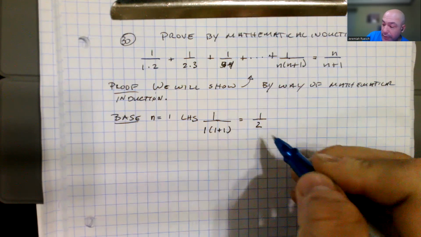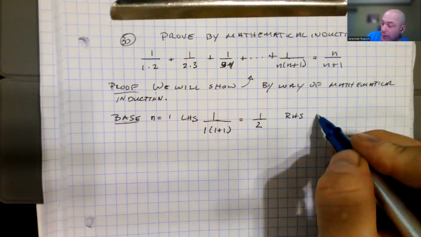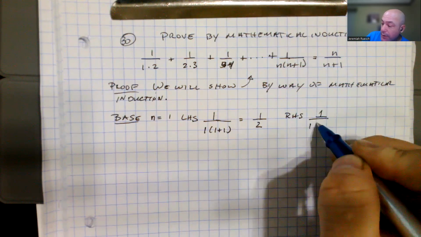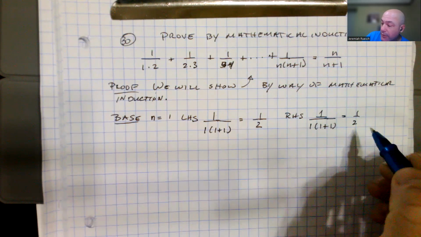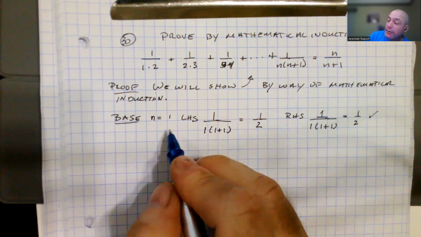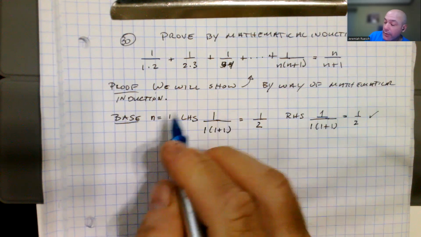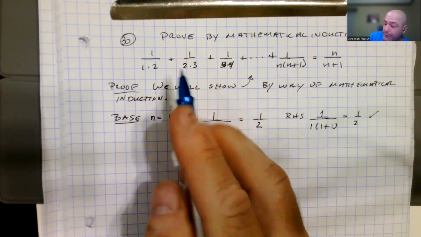On the right-hand side, if we plug in 1, we get 1 over 1 plus 1, which is also equal to 1 half. So when n is equal to 1, this is true. That shows that the set is not empty.